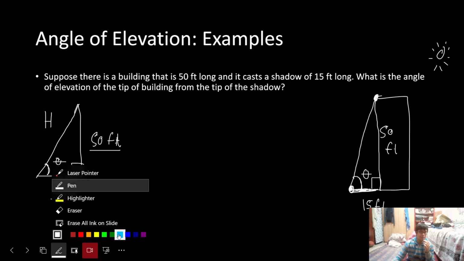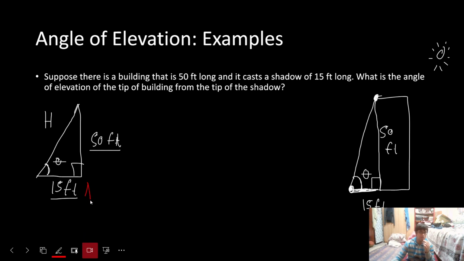Your 15 feet, the length of the shadow, is your adjacent. Remember, if the side is beside the angle you're referring to, that is your adjacent. But the 50 feet is not beside that angle, so it is your opposite side.